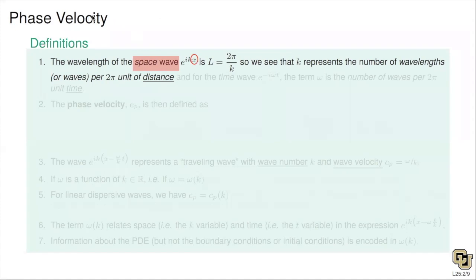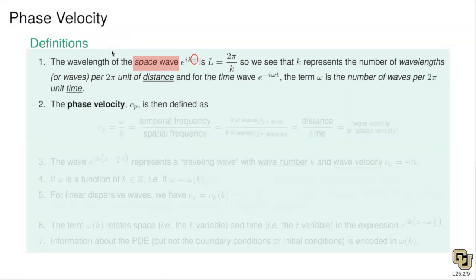This is the spatial frequency. After traveling a distance of 2 pi over k, you'll see one wave. That describes the frequency in terms of space, or distance, with reference to the x variable.